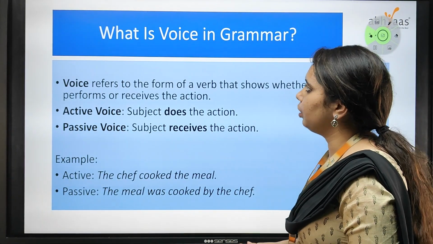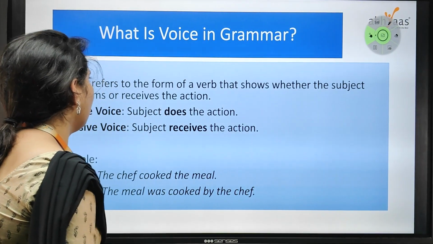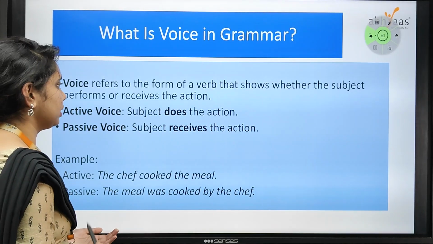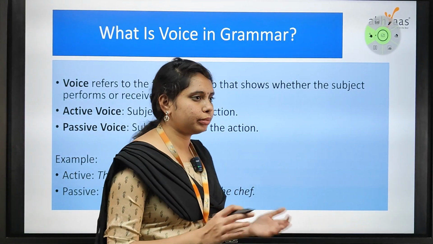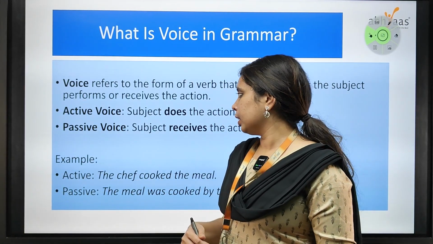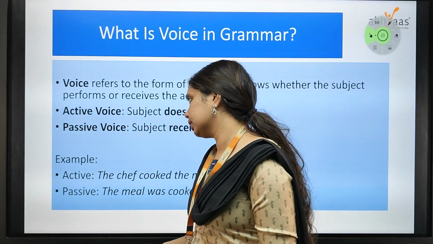Okay, now let's see voice in grammar, right? So what is voice? Voice is nothing but the form of verb that is shown in the sentence. If the subject does the action, that becomes your active voice, and if the subject receives the action, then it becomes your passive voice.